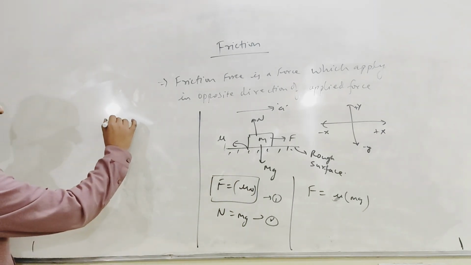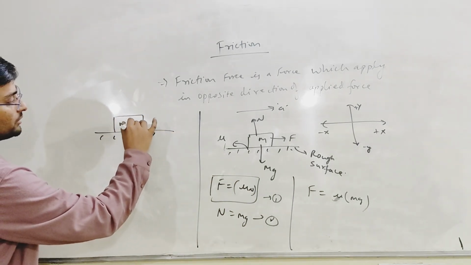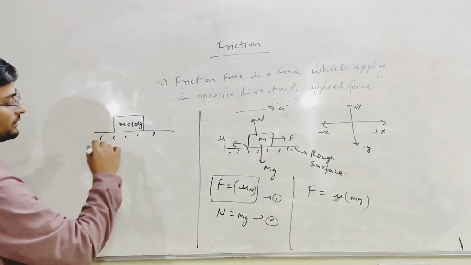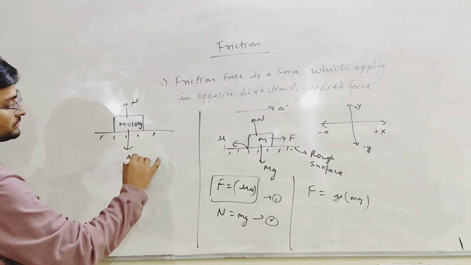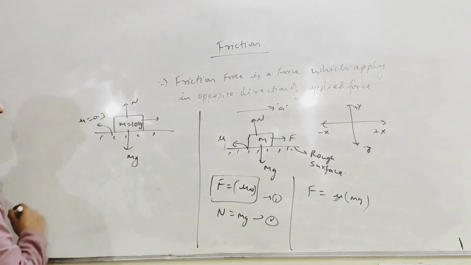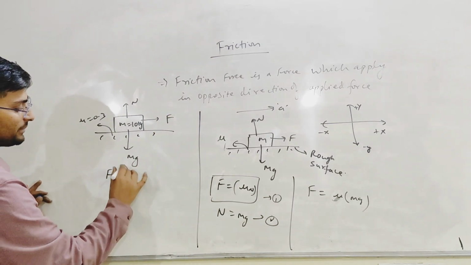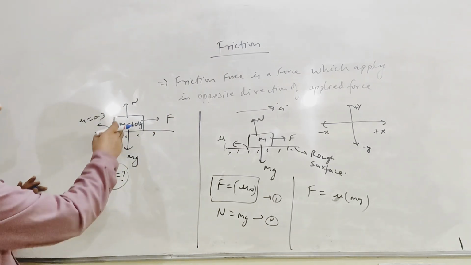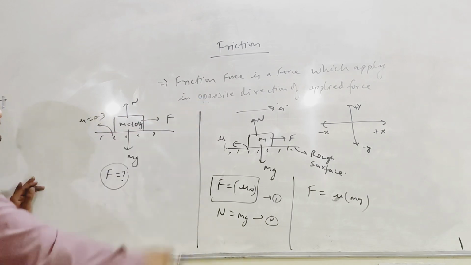Now, here mass is equal to 10 kg, right? And this is the normal reaction, this is the mg, and coefficient of friction mu is equal to 0.3. Consider this, and this is the applied force. Then the question asks what is the applied force at which this mass must move from this place in this direction.